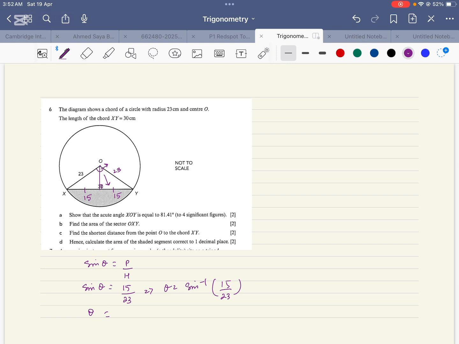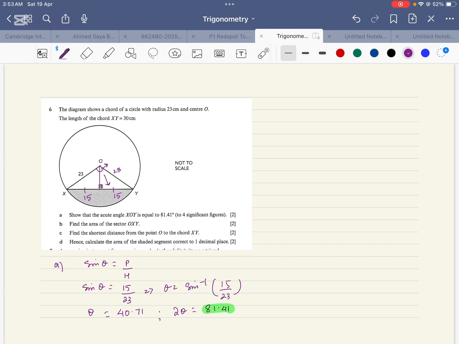Let's put it in the calculator. 15 upon 23 gives us 40.71. I did say that this angle is also bisected, so when you multiply this by 2, you get 81.41, correct to 4 significant figures, hence shown.